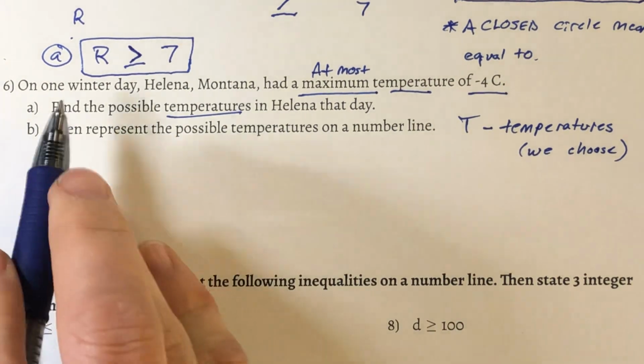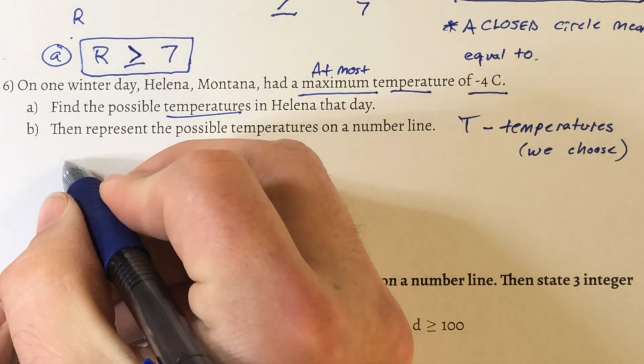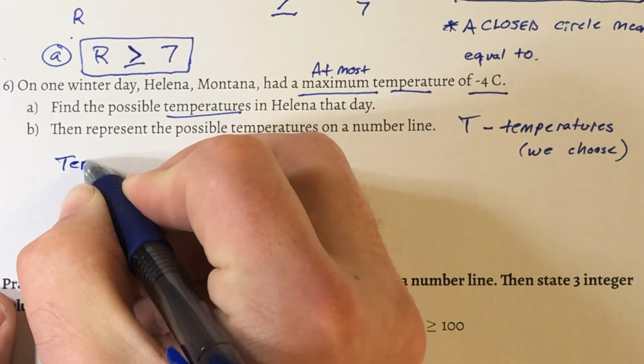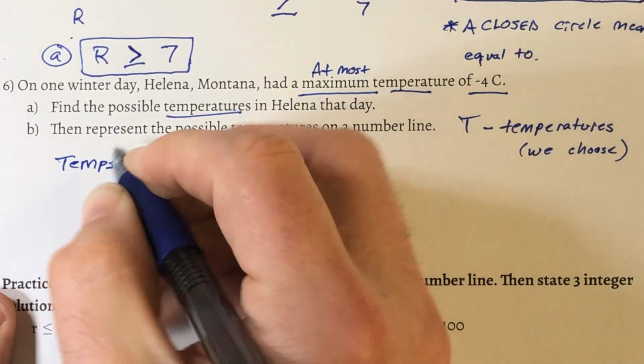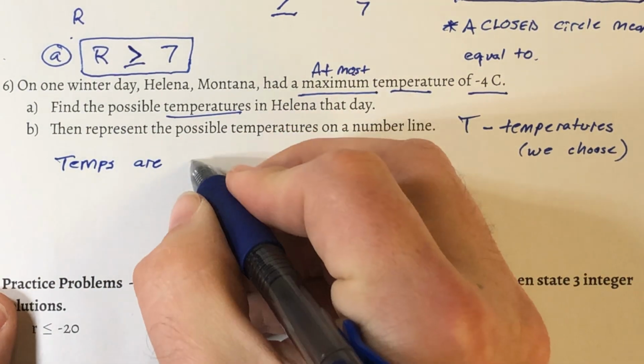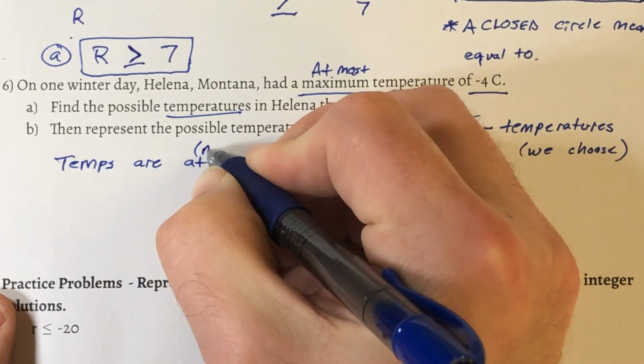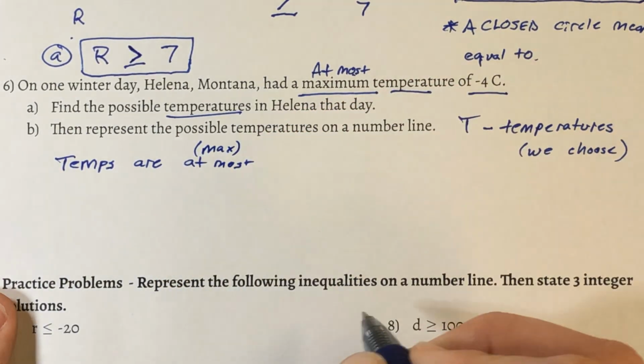Okay, so again, it says find the possible temperatures. So I'm going to write a brief description of what it says they should be or are. So the temps are at most, and the word that it actually used was maximum.